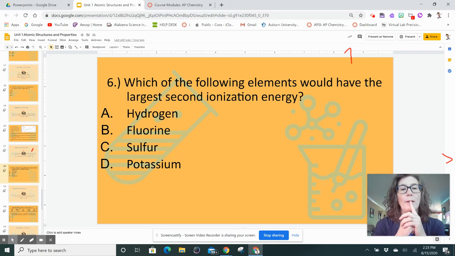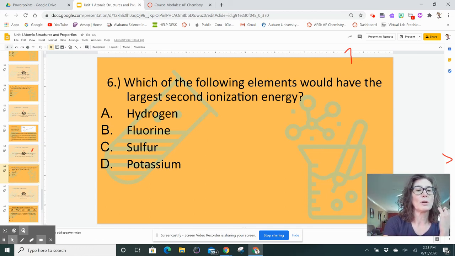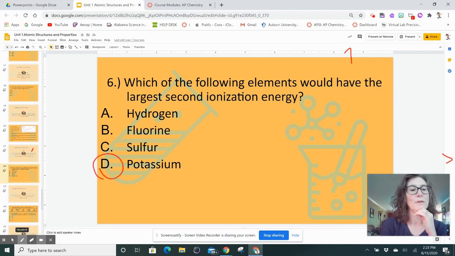Let's see, fluorine has 7 valence electrons, sulfur has 6, potassium has 1 valence electron, and then it has a full shell. So you're removing, at that point, core electrons. So I'm going to say D is the correct answer, because it's going to want to give up that first one, but it is not going to want to give up that second one.